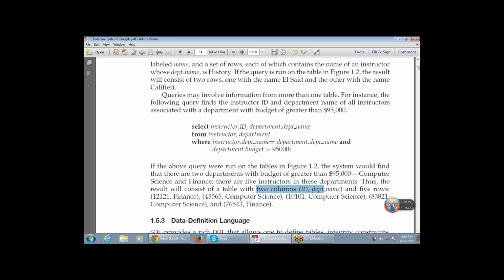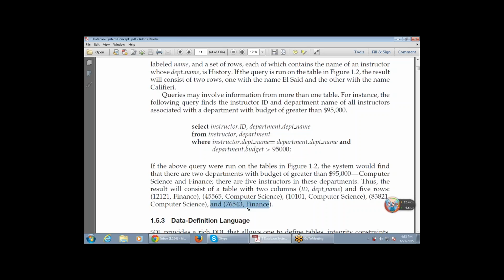Therefore, the result will be a table that contains 5 rows: finance, computer science, computer science, computer science, and finance. This is just an example that shows how to use multiple tables in a query, that is how to combine multiple tables. The ID is taken from the instructor table, and the department name is taken from the department table.